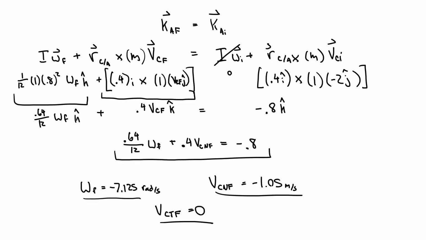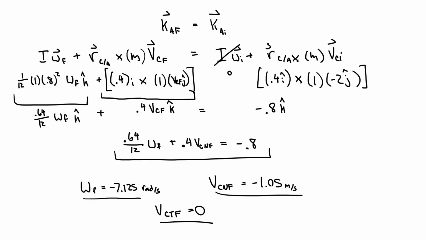If we look at this kind of post-impact, so I have my table over here, immediately after the impact, what I'm going to have is that point C in the middle is still going down. So it's going down at 1.05 meters per second.